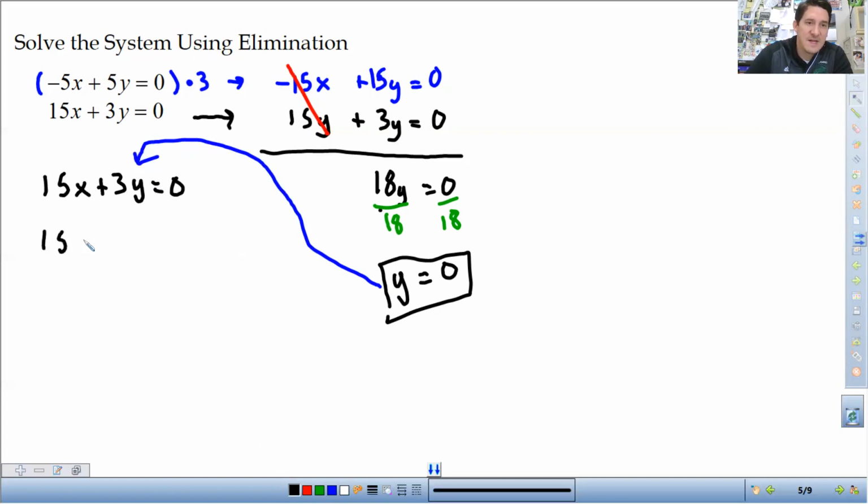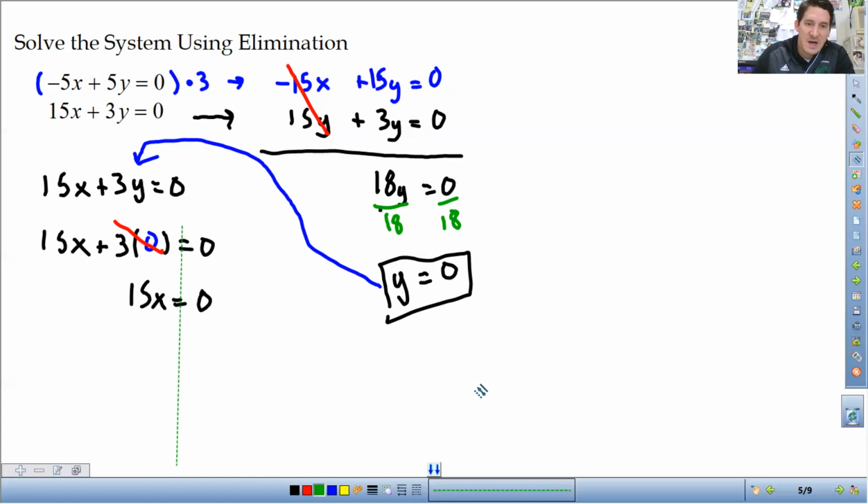So it's 15x plus 3 times y is equal to 0, and y is 0. So 3 times 0 is just 0, so we can ignore that. So you just get 15x is equal to 0. Actually, I keep forgetting to put this in. Divide both sides by 15.